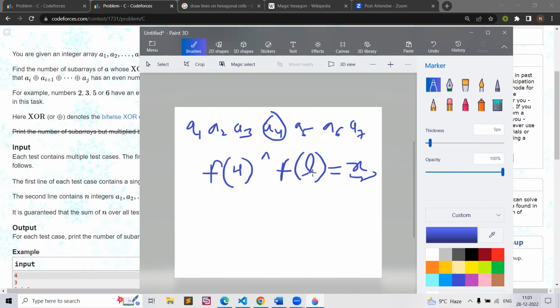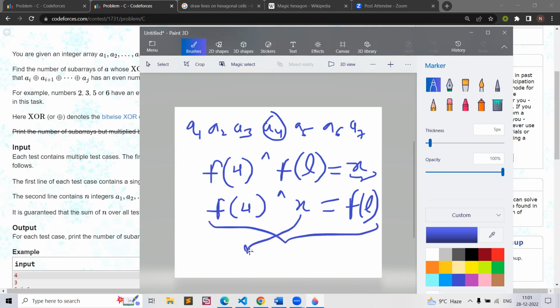So we need to find the number of L's which satisfy this condition. From the property we discussed earlier, we can write this equation as this equals FL. So we need to find the number of L's satisfying this equation.